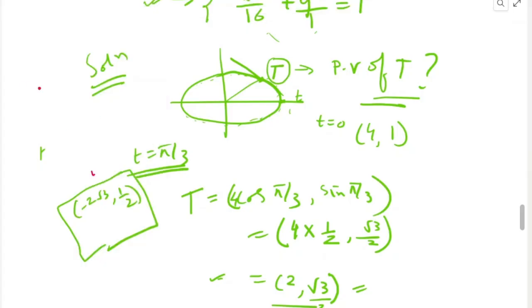So here you are saying it is a vector. So it is your origin, right? If you want to denote a position vector, how do we denote it? We draw a vector from this direction. It goes like this. So this is actually the vector minus 2 root 3 half.